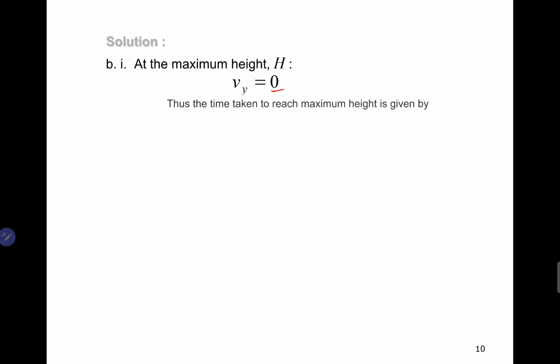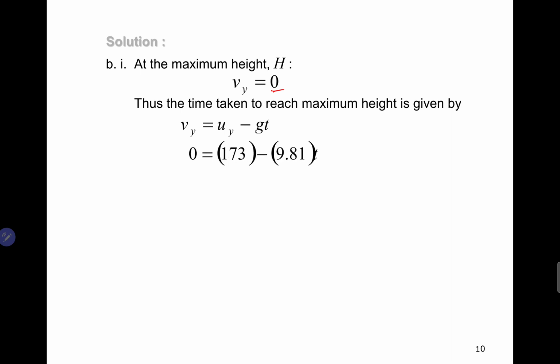Now for maximum height. The condition for you to get maximum height is that the velocity of the y component becomes 0. Now that we have the condition, we can calculate the time taken. For the y component, final velocity vy becomes 0, initial is 173, so we can determine the value of t.